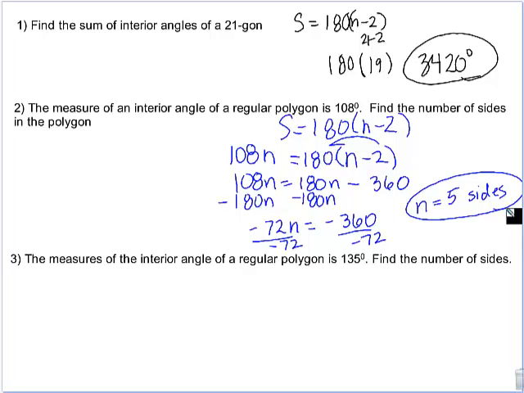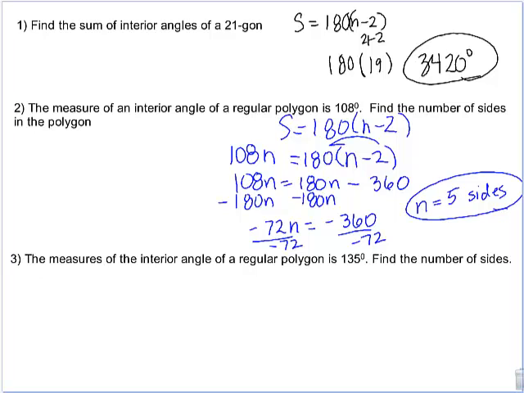Let's try the next one. The measure of the interior angle of a regular polygon is 135 degrees. Find the number of sides.